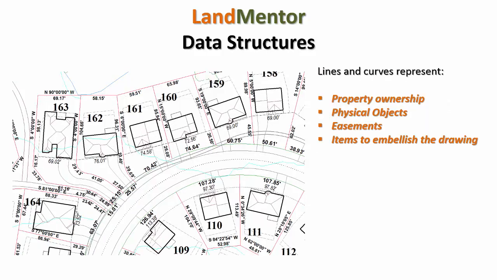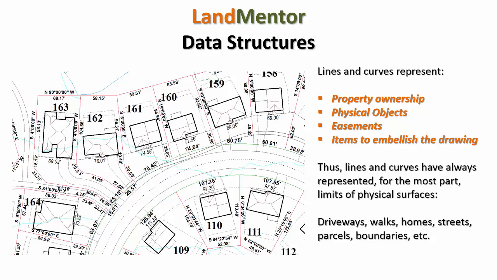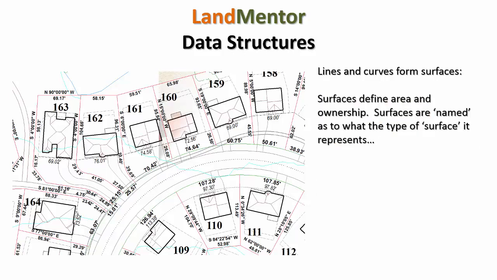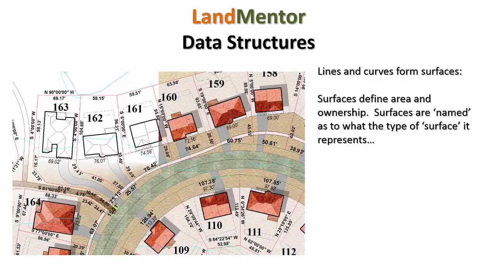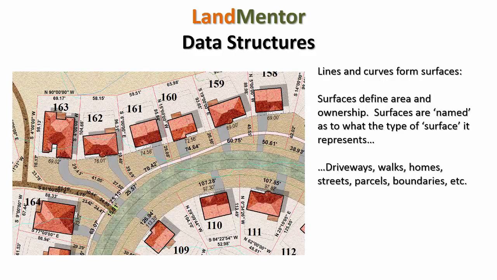What do these lines and curves and everything represent? They represent ownership, physical objects, easements, and items for the drawing. They always represent the physical limits or perimeter of these things. So what if you can define everything? What is it?